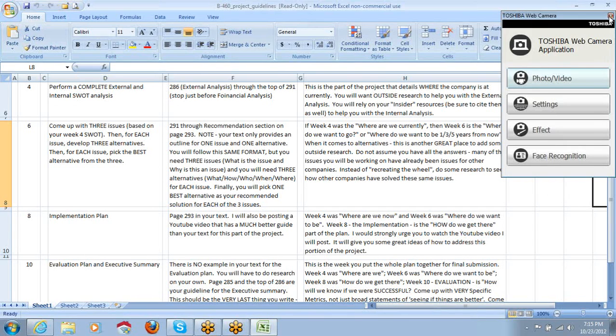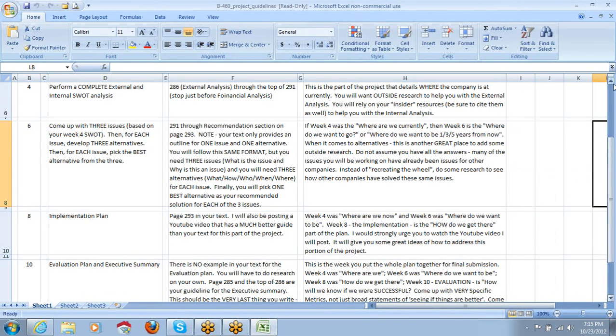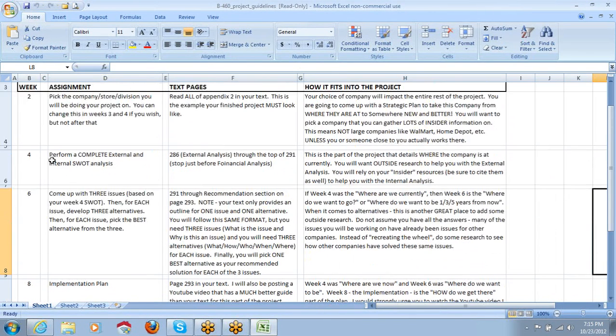The way this project really works, week 4 tells you where you're at right now. Week 6 tells you where do we want to go? Where do we want to be?